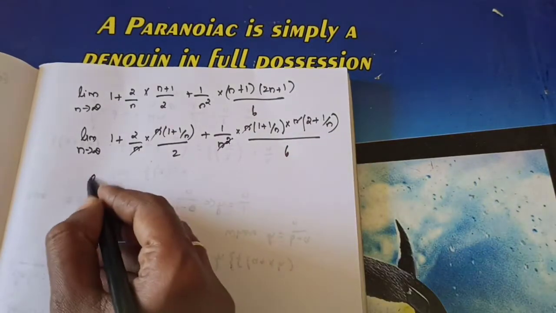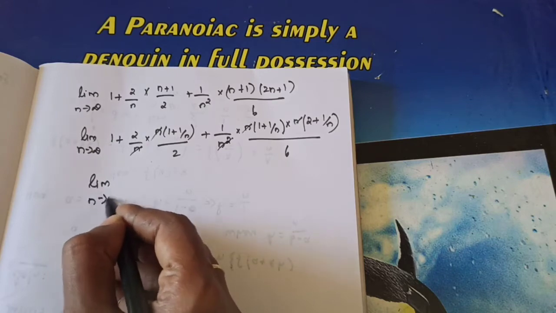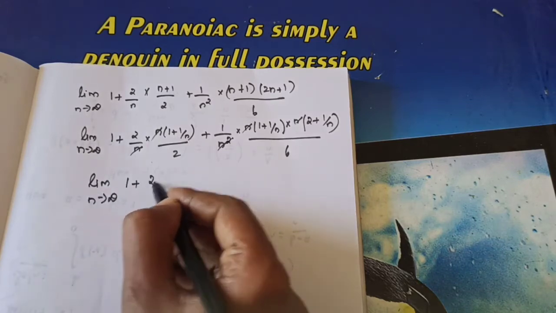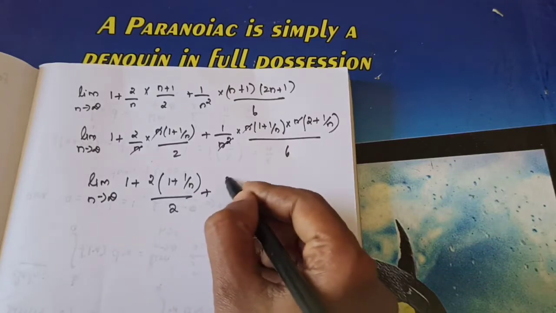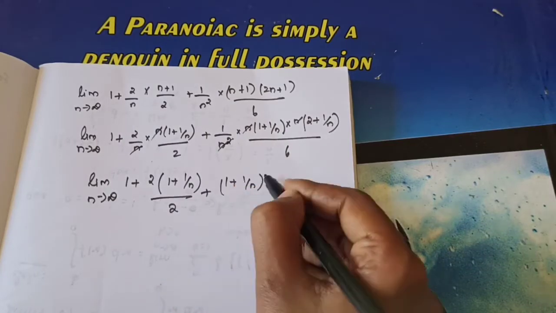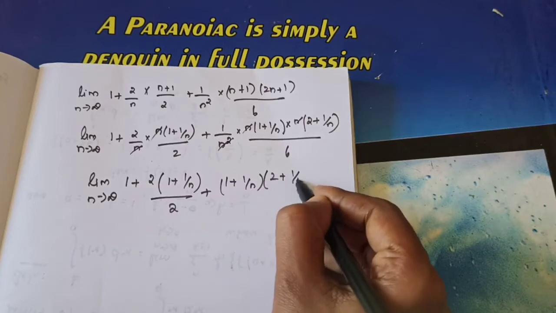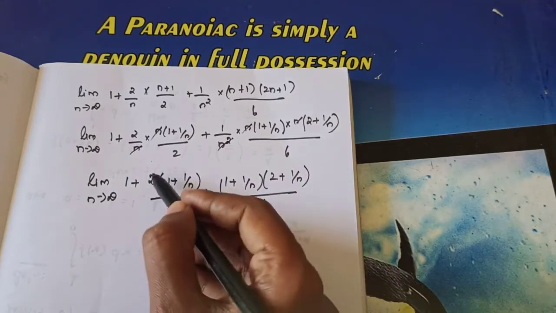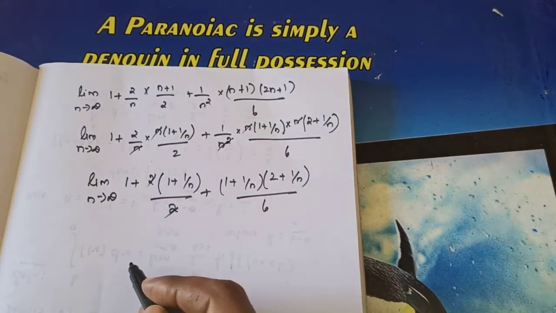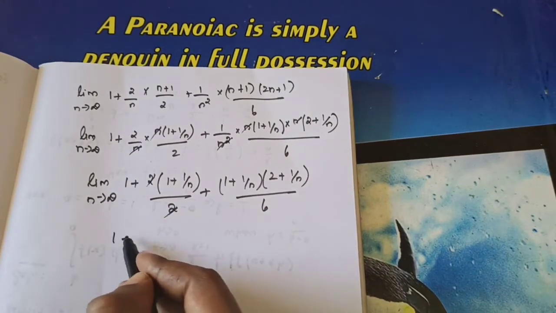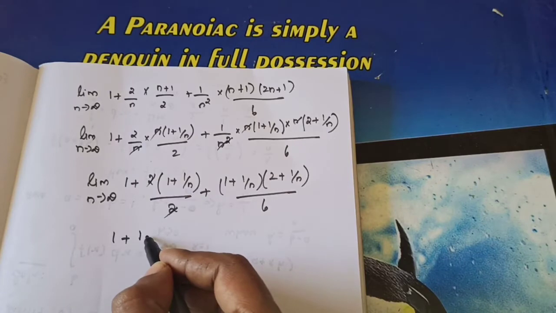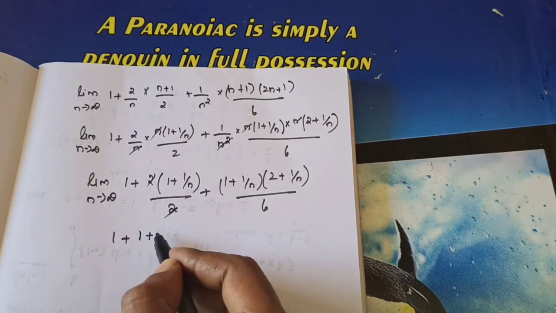So what's the balance? Limit n tends to infinity, 1 plus 2 into 1 plus 1 by n by 2, plus 1 plus 1 by n into 2 plus 1 by n divided by 6. So this 2 gets cancelled. So apply the limit for everything. So here it will be 1, is it right? So if you apply the limit, 1 plus 1 by infinity is 0, so 1 you will get.